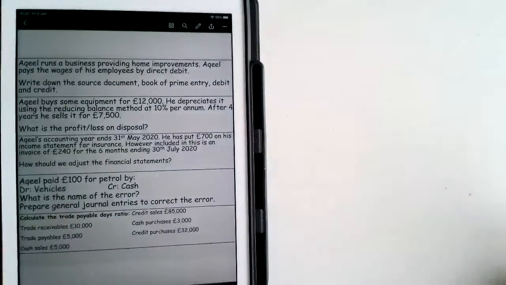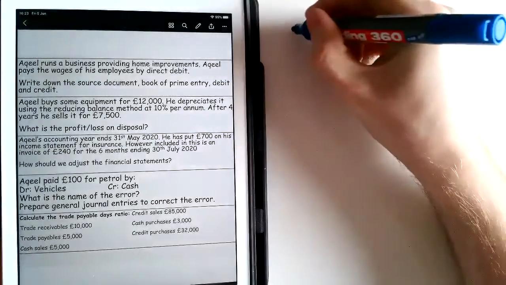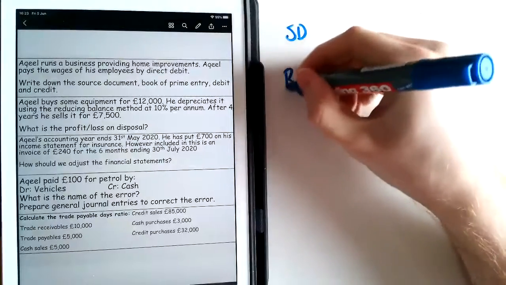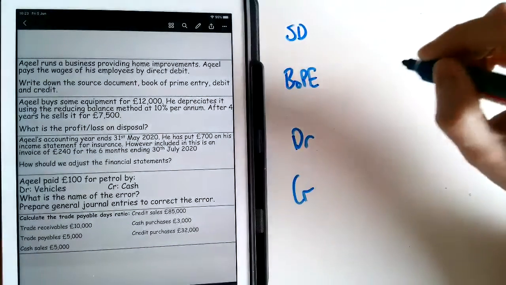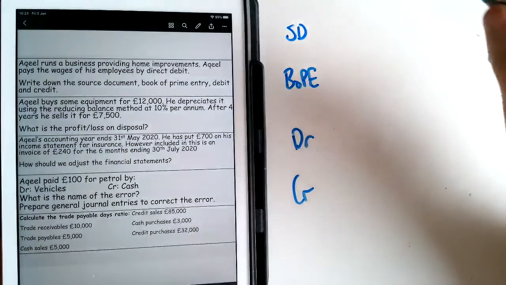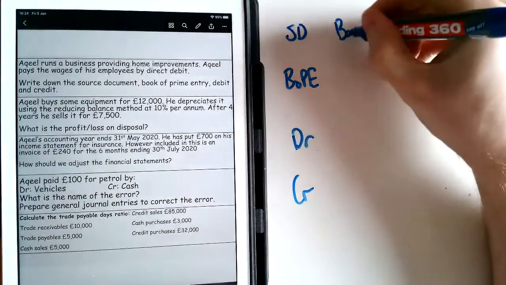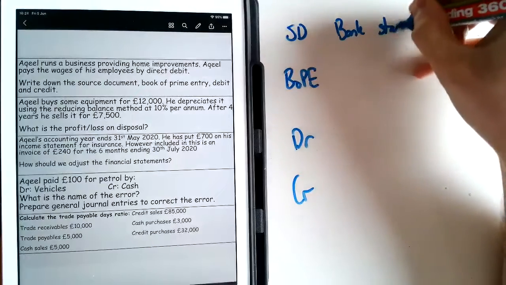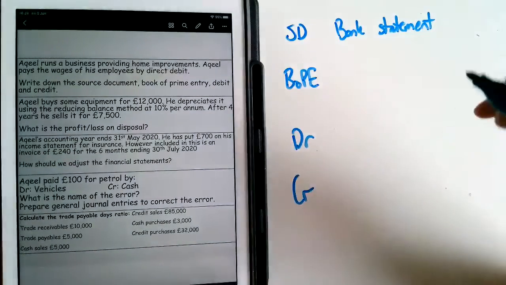So Akil runs a business providing home improvements on DIY. Akil pays the wages of employees by direct debit. So the source document, book of prime entry, debit, and credit. Well, the source document is definitely going to be the bank statement because it's a direct debit, so that means it appears in your bank statement.